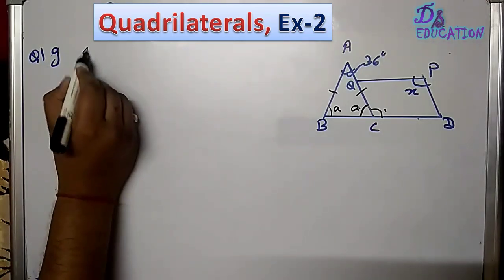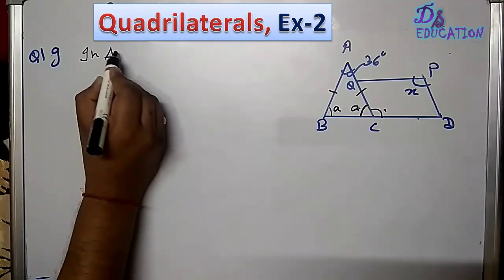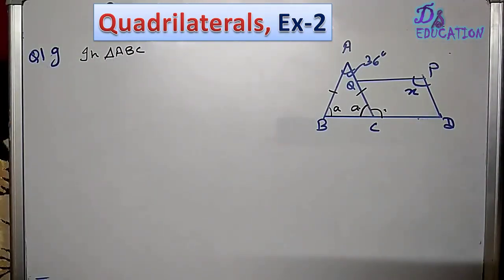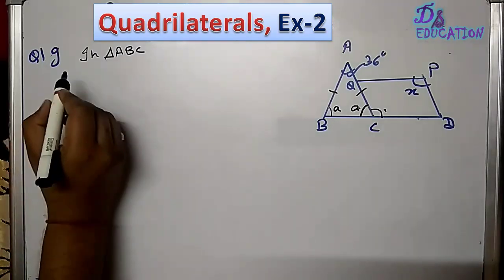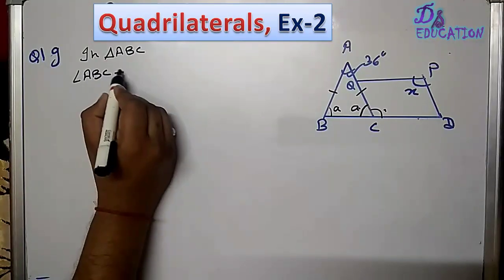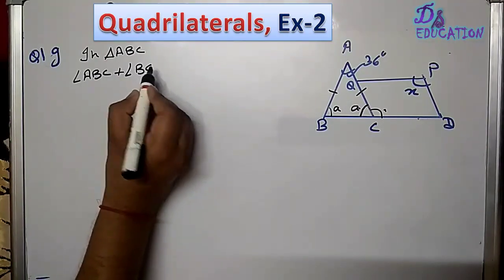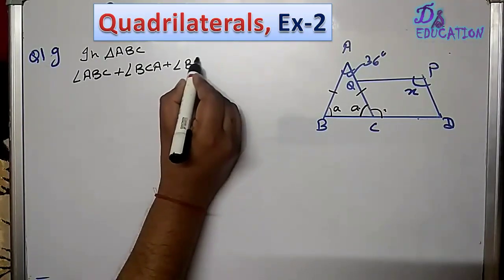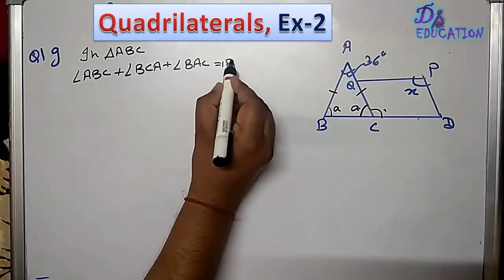Now in triangle ABC, angle ABC plus angle BCA plus angle BAC is equal to 180 degree.